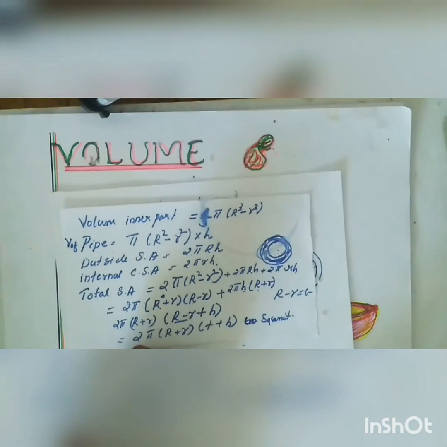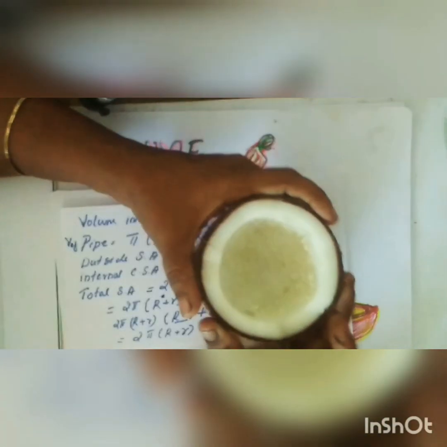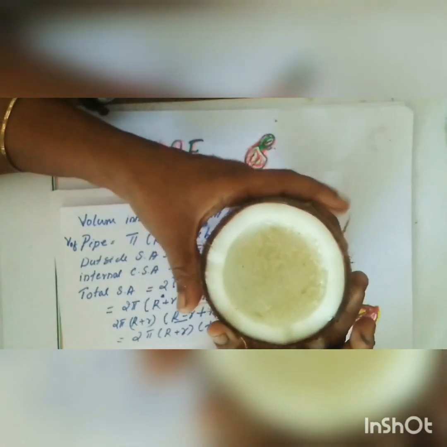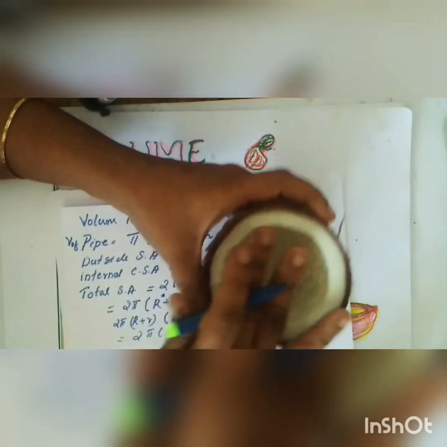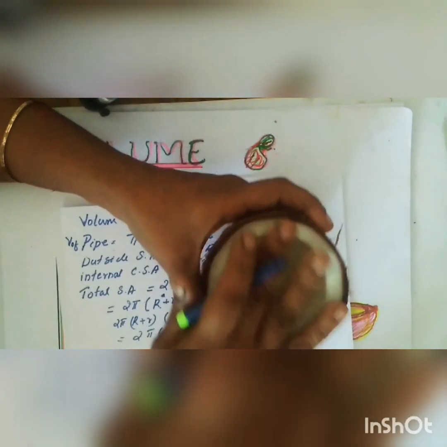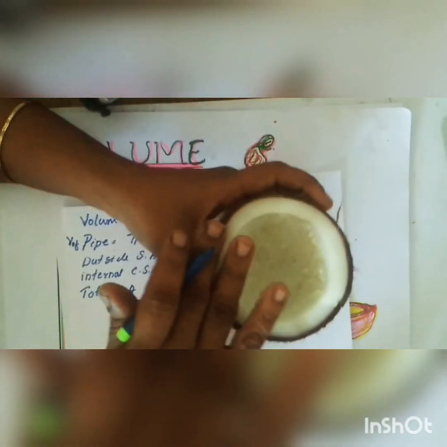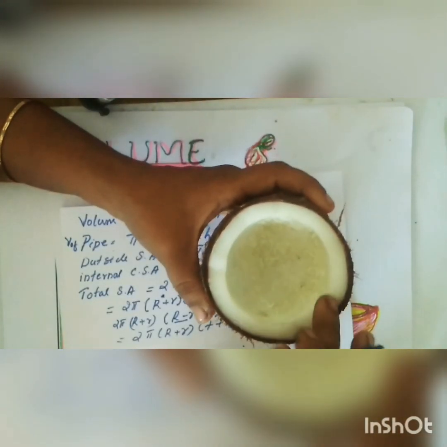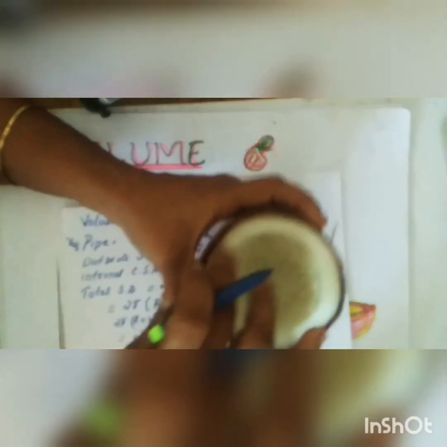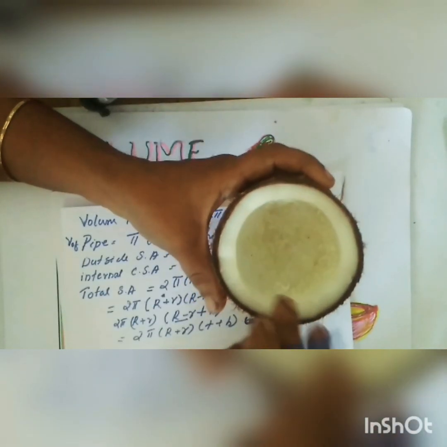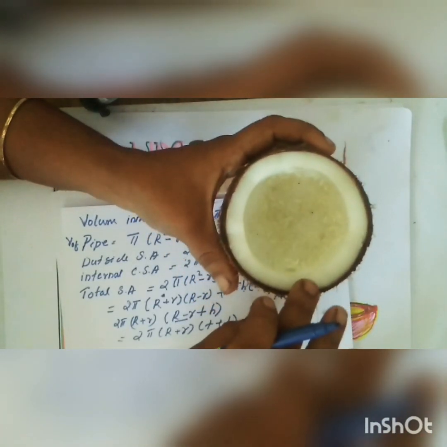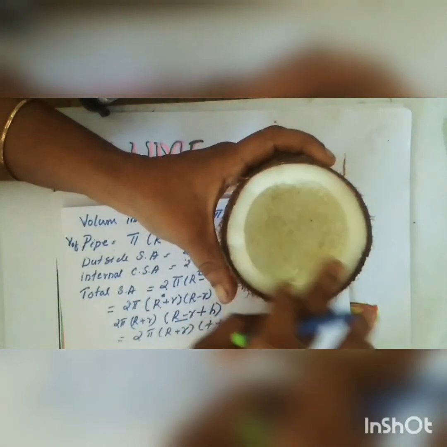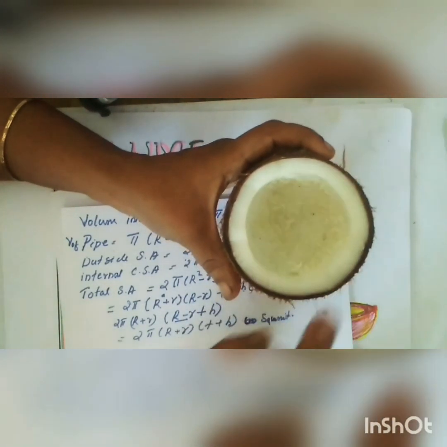Here is a coconut, half part of a coconut. This also represents a spherical shell. When we fill it with some material, then it will become a hemisphere, and the volume of this coconut part can be calculated by using 2 by 3 pi capital R cube minus small r cube.